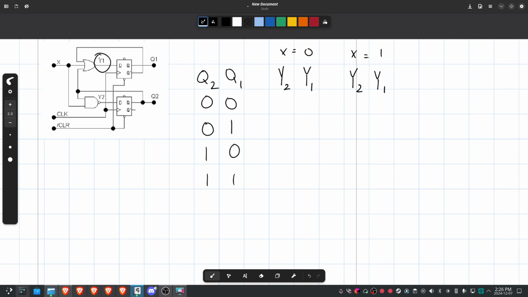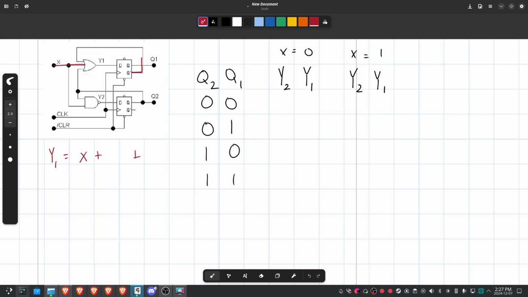Let's take a look at Y1. What is Y1? Y1 is going to be a set of ORs. We have 3 inputs here. One of them is X, right? X goes directly. Let me use red here, actually, so that it's clear to see. One of the inputs is X into this OR.